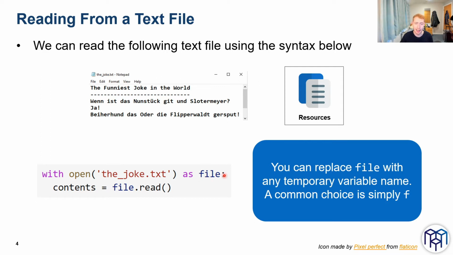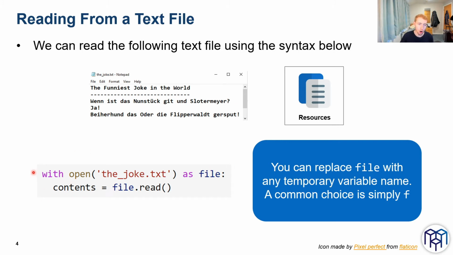You can really call it anything here, but we're going to use that to reference that connection. So with this connection as whatever name we're going to refer to it as, we then have a colon, and then we have an indented block, and in that indented block we have access to this connection. So what we can then do is take this file and then use the .read method to read in the contents of that file. And then we can assign that to a variable contents.